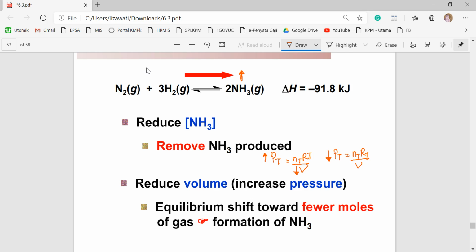It will move to the side that has fewer moles. Referring to this equation, at the reactant side we have 4 moles, and at the product side we have 2 moles. So that's why it shifts to the right side by reducing the volume. It shifts to the side with fewer moles, so this is how we can maximize the formation of ammonia.